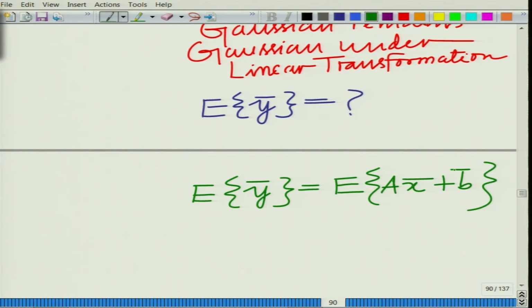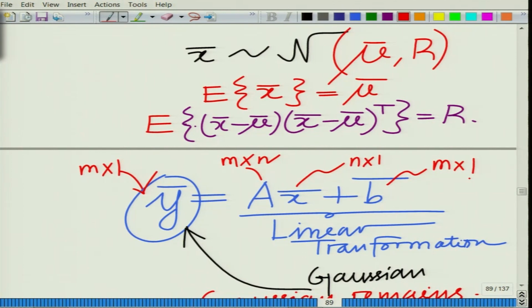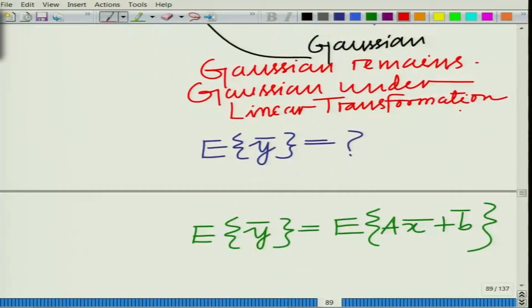A is a matrix, right. So, let us write some dimension so that it becomes additionally clear. So, let us say x bar is an n cross 1 vector, A is an m cross n matrix, which means y bar will be your m cross 1 dimensional Gaussian vector. Of course, b bar will also then be m cross 1. Okay. So, y bar is Gaussian.